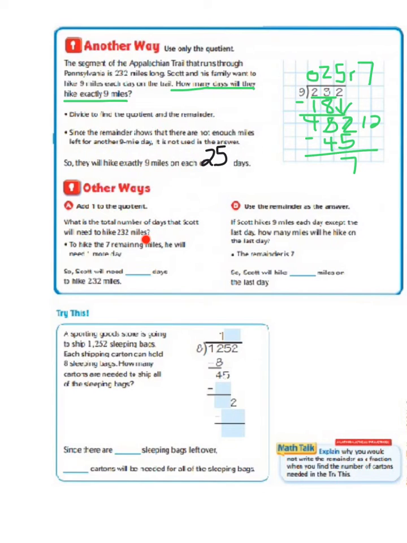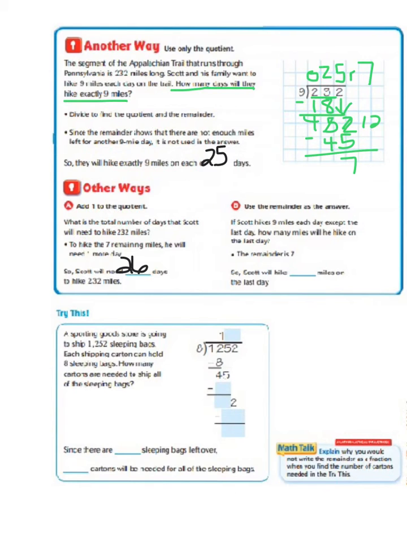Well, since we know that he's going to hike 25 days, but he wants to do it all, since we have a remainder there, we have to add 1 to our quotient. So instead of just 25 days to cover 232 miles, he's going to need 25 plus 1, which gives us 26 days to hike 232 miles.